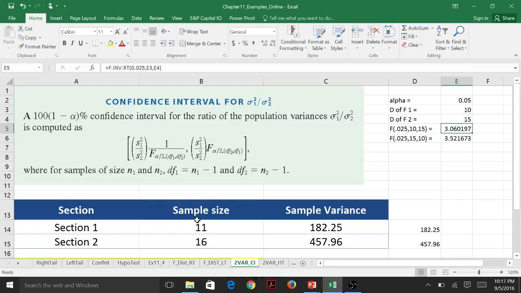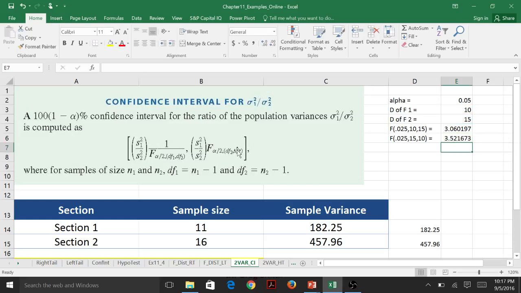And now I'm going to calculate those F statistics as we saw before, where I just flip-flop the degrees of freedom. So from this, I'm going to pull in 0.025, and I'm going to take 10 and then 15, natural order. For the second, I'm going to do the same thing, but I'm going to take the 15 first.